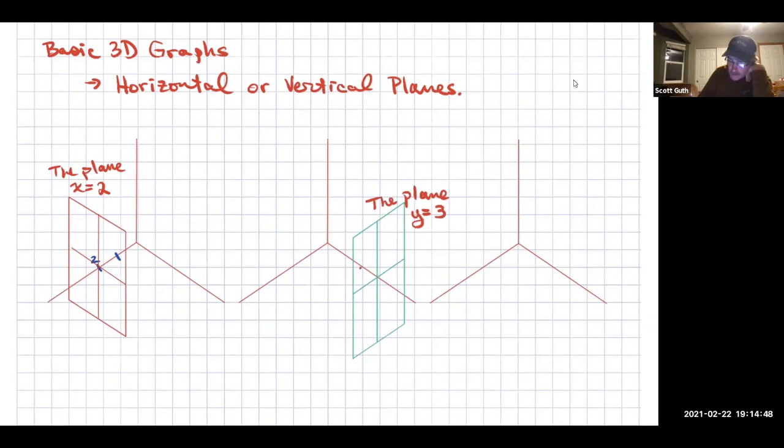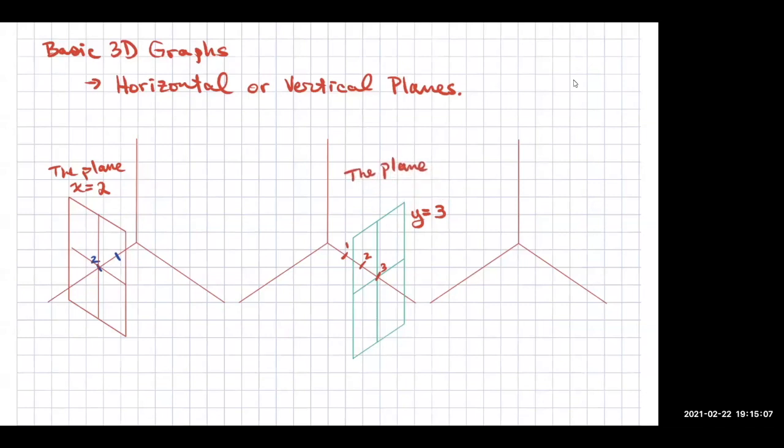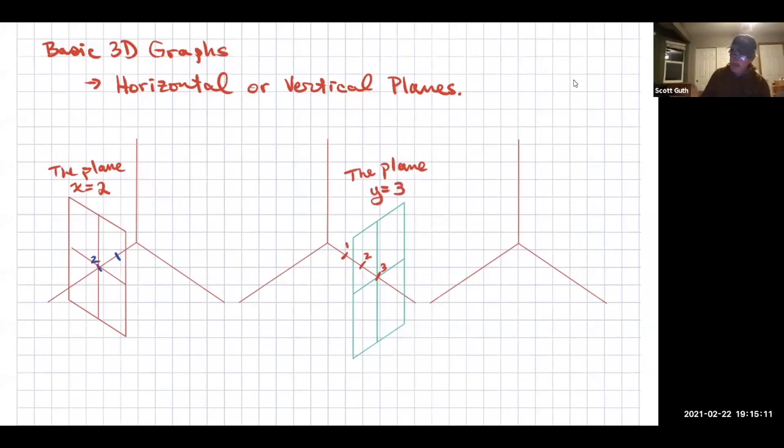So there's a 2 and a 1, 1, 1, 2, and then right here will be 3. Okay, and you can kind of see what a horizontal plane will look like. It's pretty straightforward.